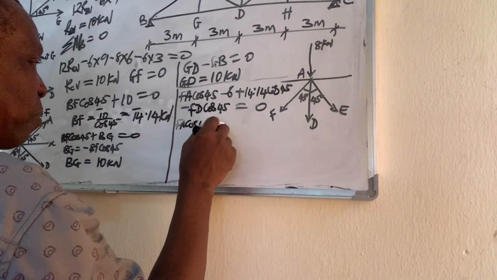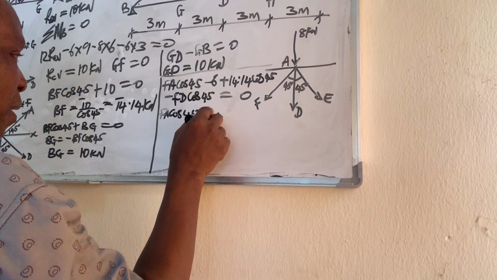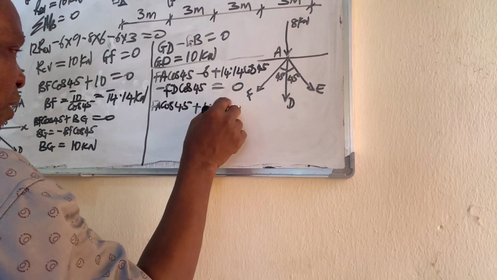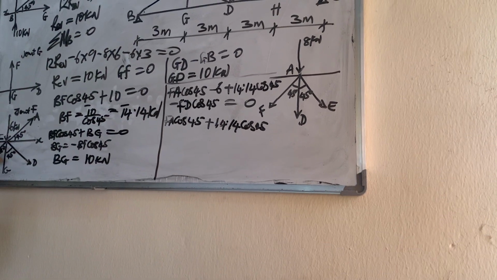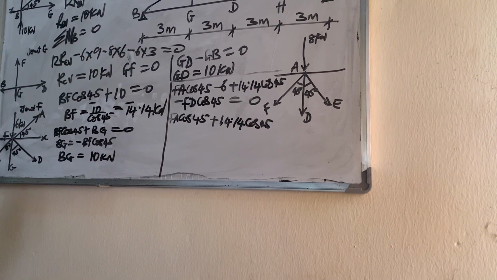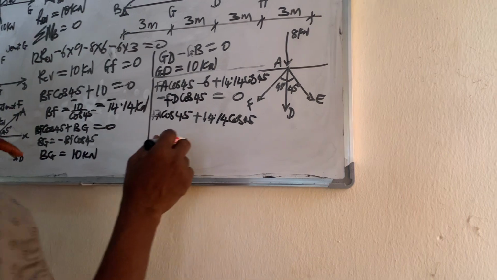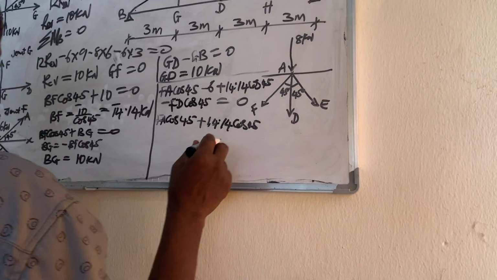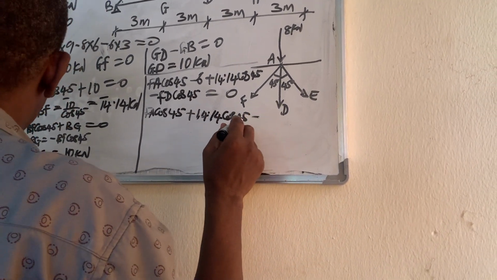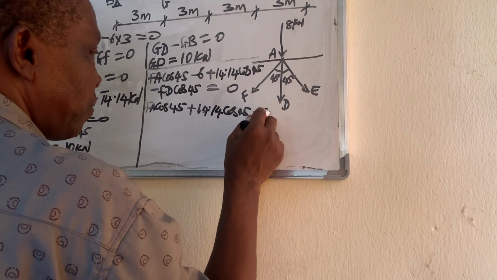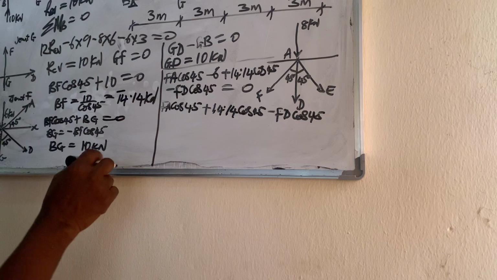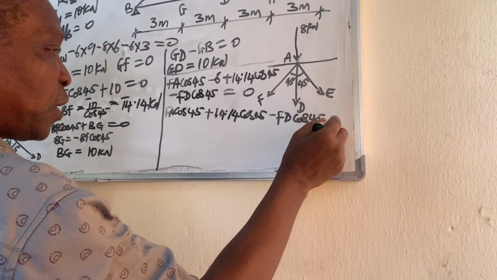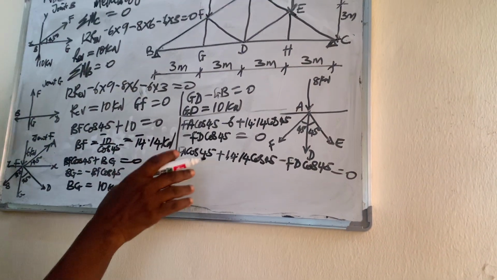So it comes to plus 14.14 cos 45. That's horizontally. Then FD, minus FD cos 45. So the two unknowns, FA and FD, equal to 0.